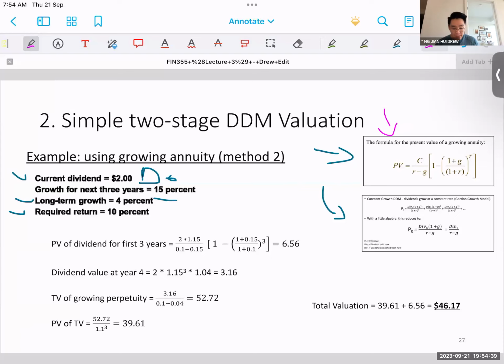I plug in the various values, and remember the growing annuity formula uses D1 and not D0, the same concept. So you use D1, where you take 2 times the growth rate of 15%, you plug in R minus G, you put the various values here, 1 plus G, 1 plus R, and then you simply calculate the PV of the dividends for the first 3 years.